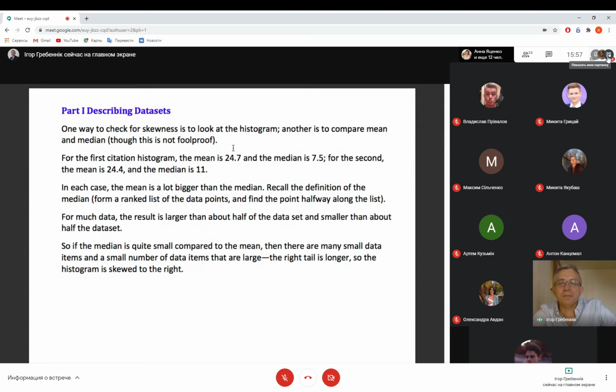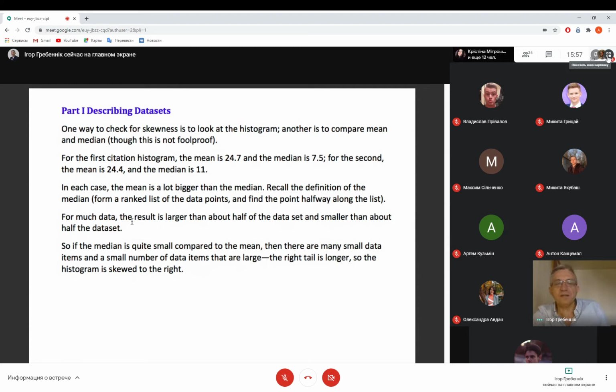Here, the mean is a lot bigger than the median, and starting from that, we should make a conclusion about the asymmetry of the histogram.